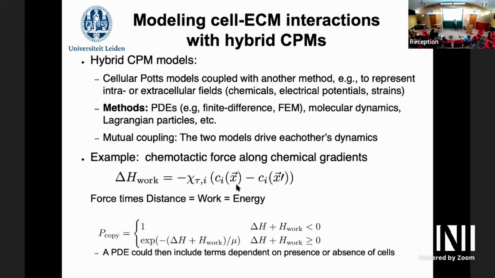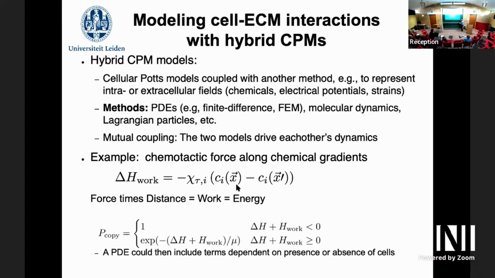And an example is, suppose we now have a PDE, a very simple PDE, something like this. A diffusion term, a degradation term, and maybe some source term where we have a cell. That's usually where this identifier of the cell is larger than 0.